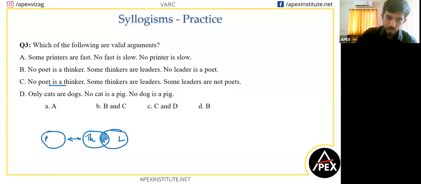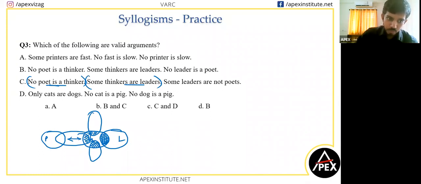And this becomes those thinkers who are leaders, right? So some thinkers are leaders. Now, we are not given the relationship between poet and leader in the same way. We are given the relationship between poet and thinker, and thinker and leader. But what about poet and leader? That is not given. So leaders can be here, leaders can be here, or leaders can be here. And all of them will have some thinkers who are leaders. This overlap always has to be there.